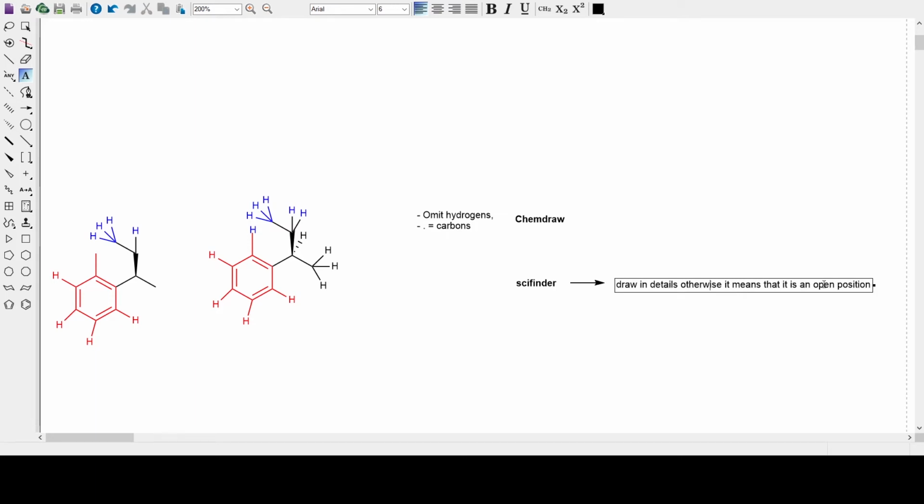It means that it's an upward position, okay? That means if you keep this CH3 here, this is CH. For Chemdraw, it's a C, okay? That means any atom, I can add any atom or any bonds has a name in a neighbor, okay? But in Chemdraw, if you don't show, that means it's a CH3, okay?